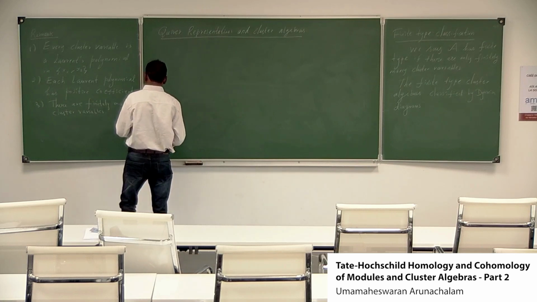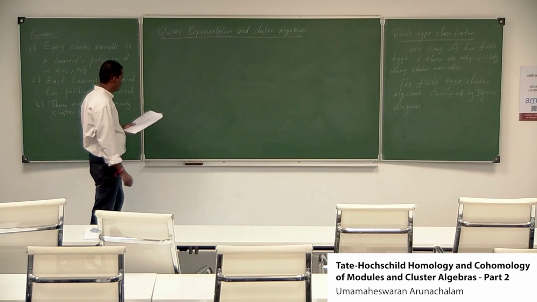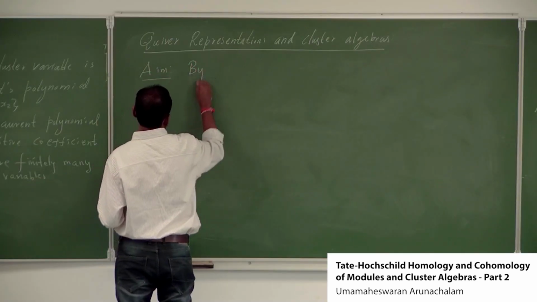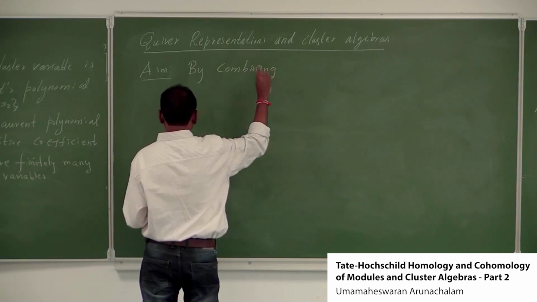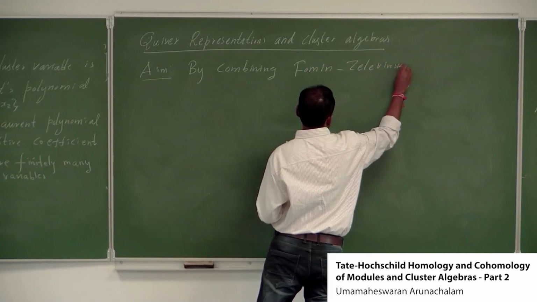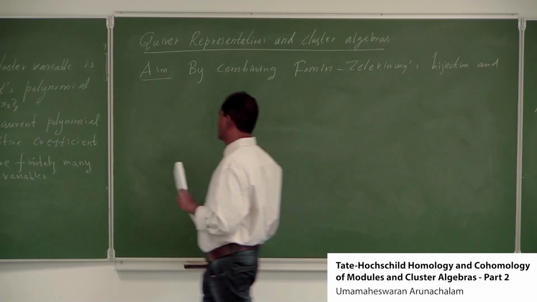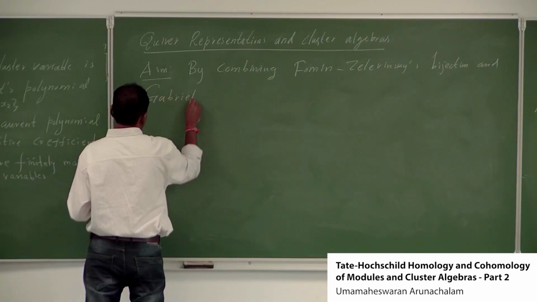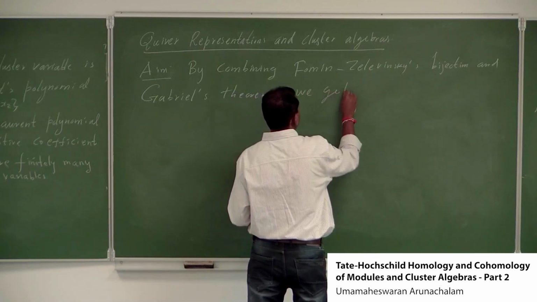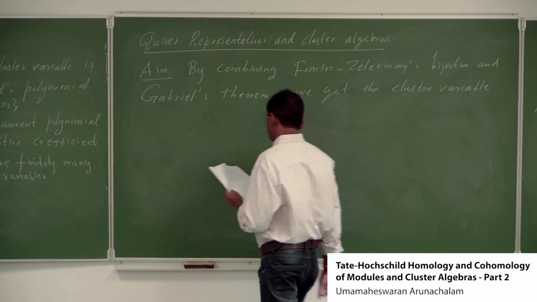My aim is, by combining Fomin and Zelevinsky's bijection and Gabriel's theorem, we get the cluster variable xv. xv is CC of v from the indecomposable representation.